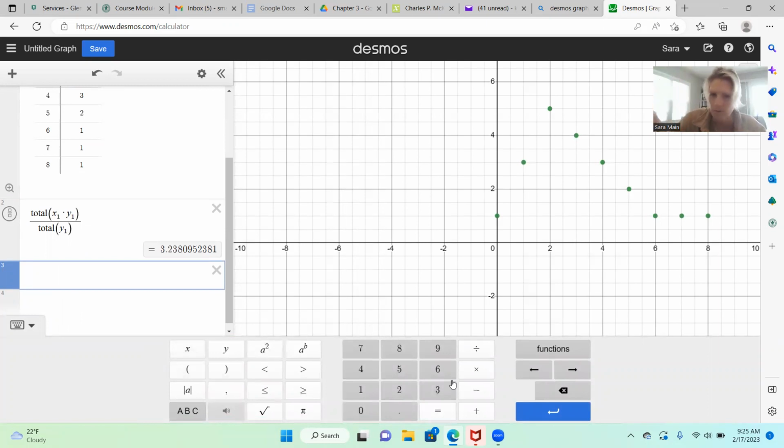So this would be the outcomes of X1 minus the mean, which is 3.238. And we square that and divide by, oops, no, it was in there, divide by the total of the Y1s.